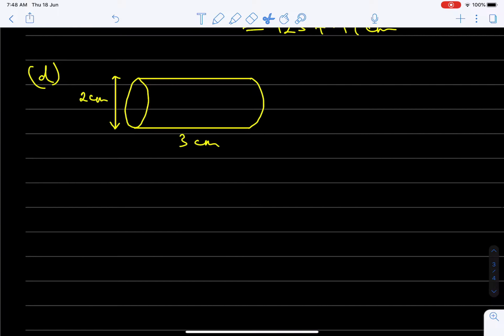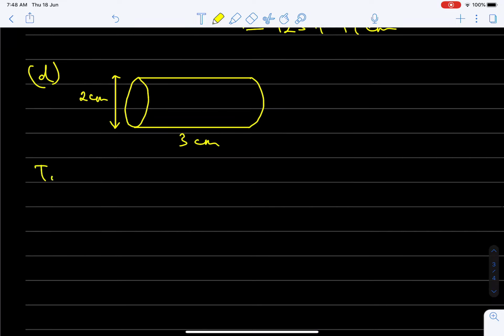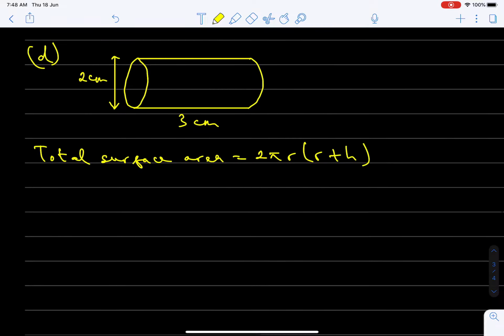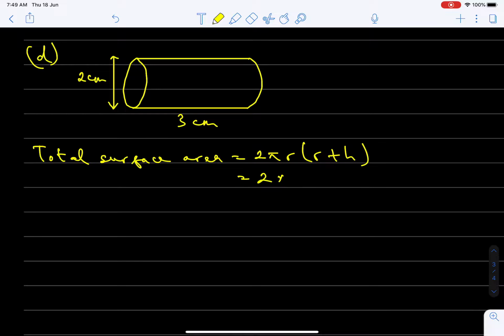Total surface area equals 2 pi r into r plus h. And that's equal to 2 times 22 over 7 times the radius. The diameter here of a circular face is 2, so radius will be 1.